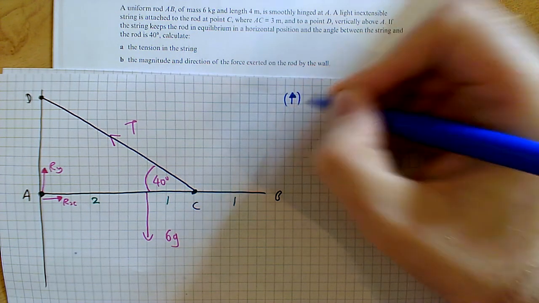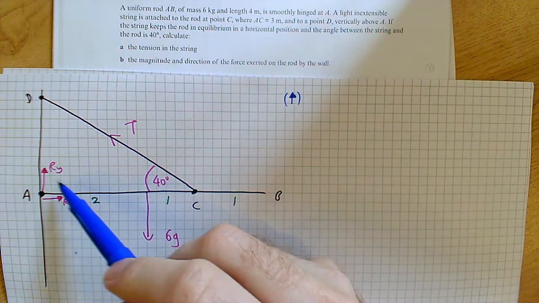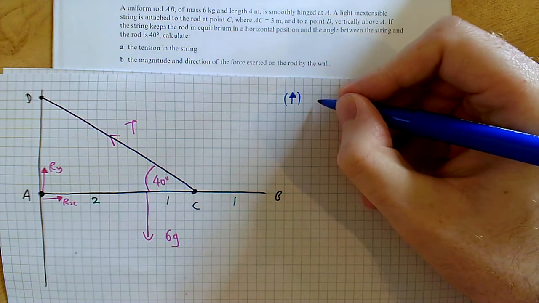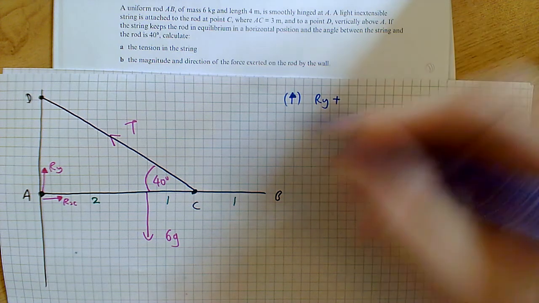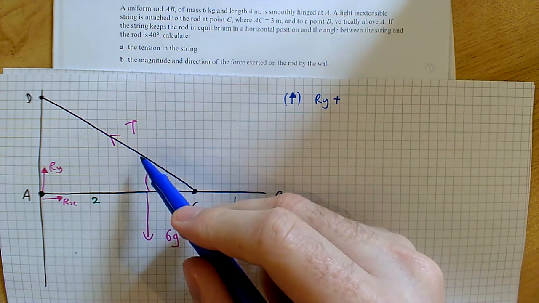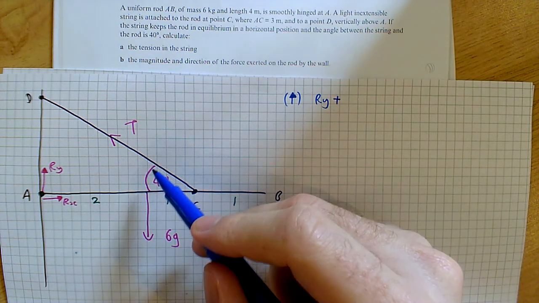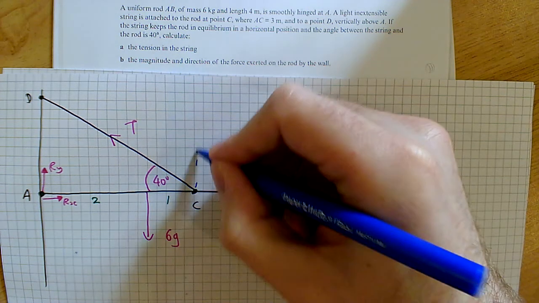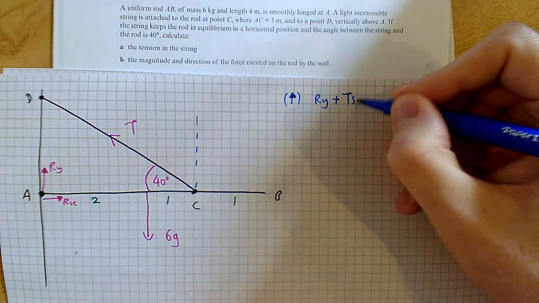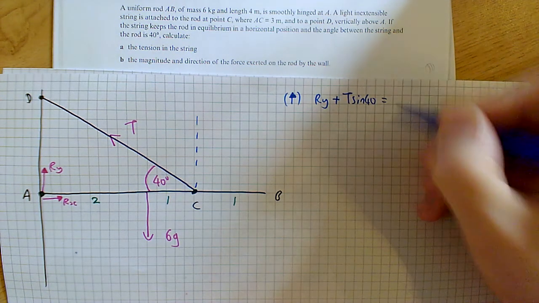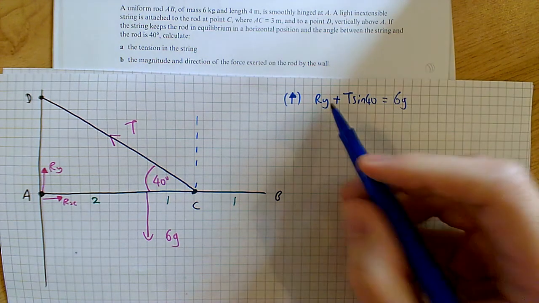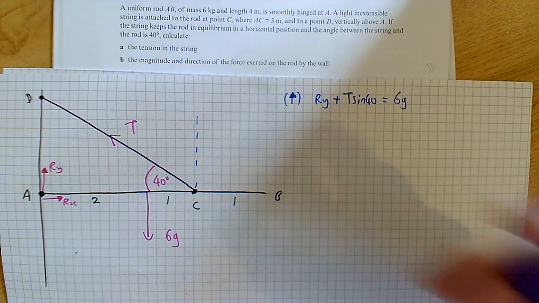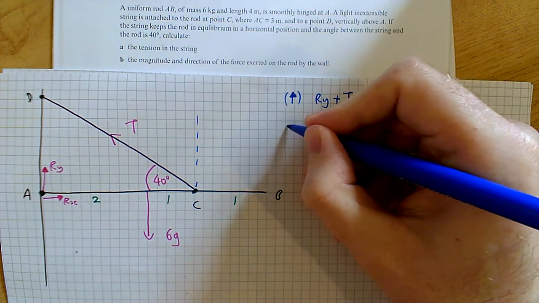So resolving vertically, and this is why I chose 2 forces: we've got Ry pulling it up, plus T, which is going up, but not directly upwards, so we have to resolve to the vertical. So it's T sin 40, and that's equal to the 6g pulling it down. So I've got 2 unknowns there, Ry and T, so that's not a lot of use at this stage.